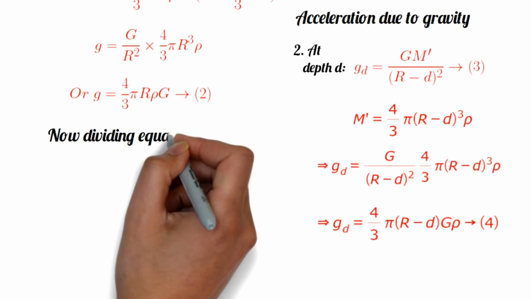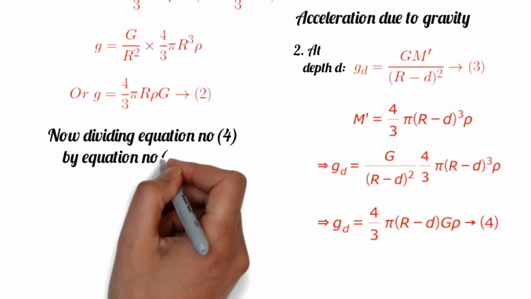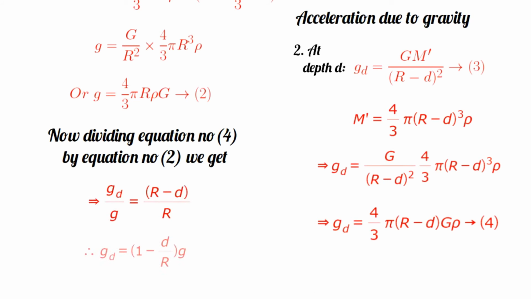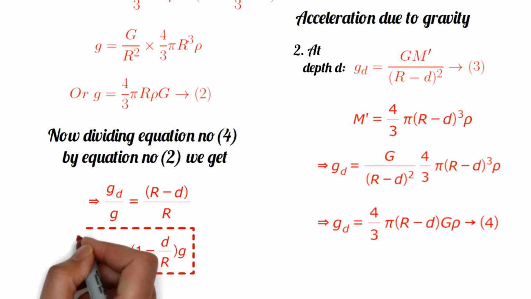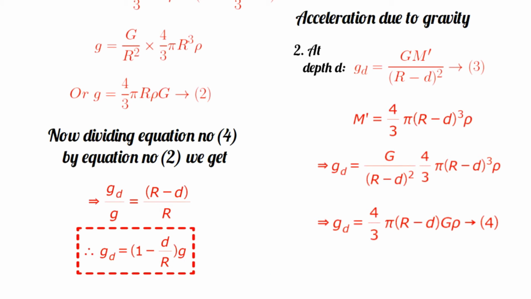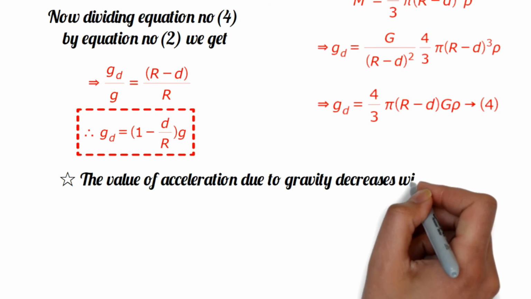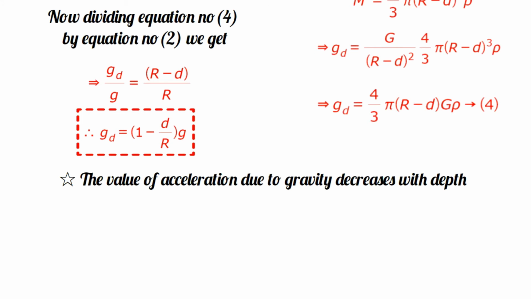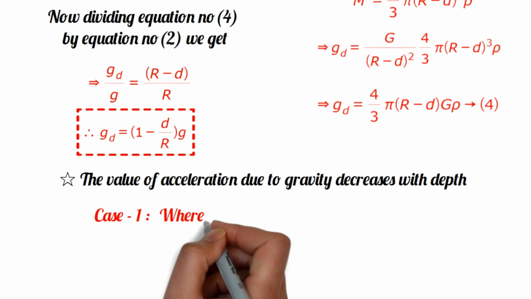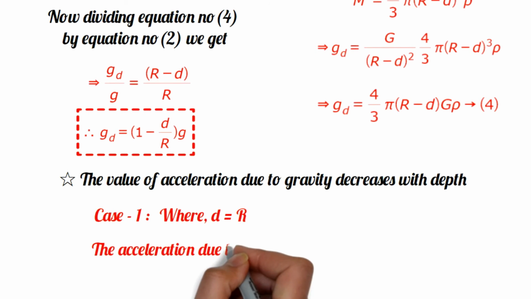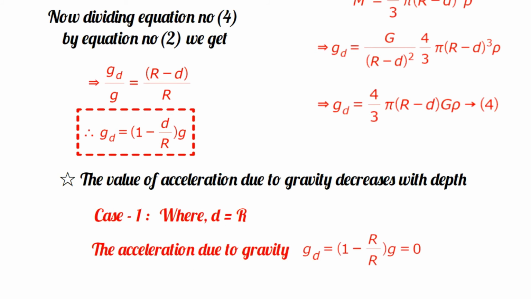Now dividing this equation number 4 by equation number 2, we get gd is equal to (1 minus d by r) into g. This is the formula for variation in acceleration due to gravity with depth. It clearly shows that the value of acceleration due to gravity decreases with depth. At the center of the Earth, where d is equal to r, the acceleration due to gravity is 0.